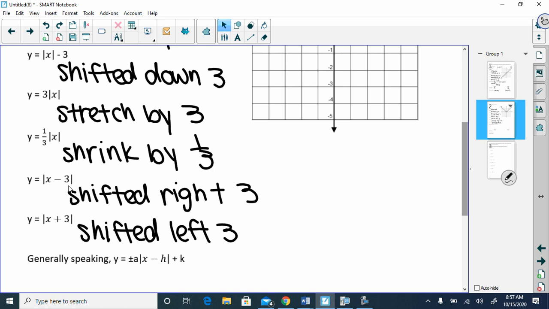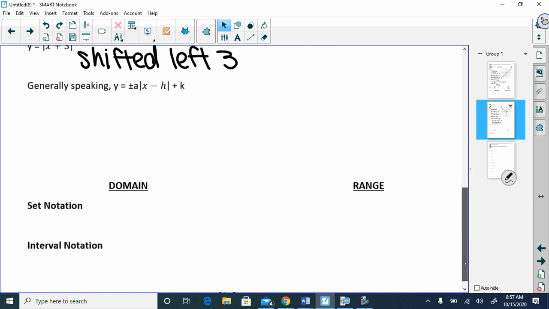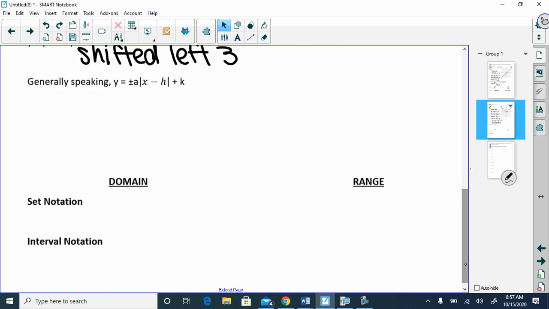So, just like that linear function, depending on where the number falls in the equation, it's going to make different changes to our graph. So, we said if we have some negative number out in front, what does that do to our graph? Reflects it. Good.